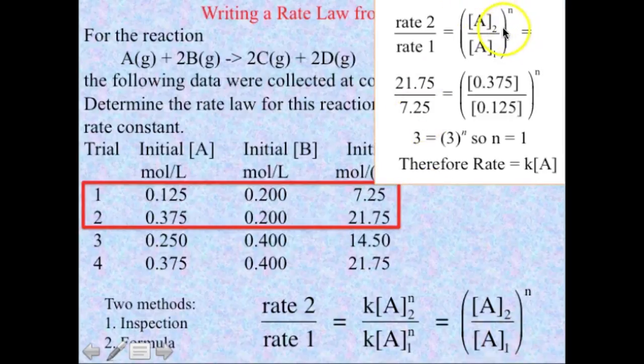So if we do that, we end up with 21.75 divided by 7.25, that's 3, and the concentration of A in the second trial divided by the concentration of A in the first trial is also 3. So that tells us n is equal to 1, and therefore the rate is equal to the rate constant times the concentration of A to the first power.